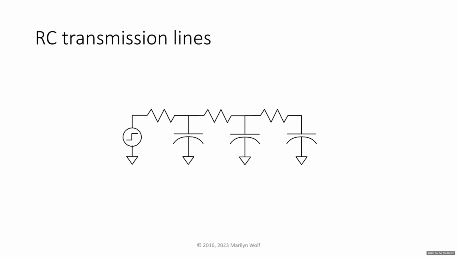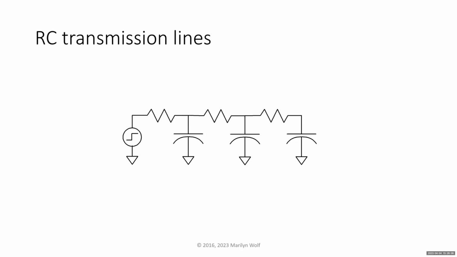Each section of the transmission line contributes delay. We know that in an RC section it takes some time to charge up that capacitor, and we should also expect some voltage drop across the resistor. But that first section's output becomes the input to the next section, which further degrades and distorts that pulse.